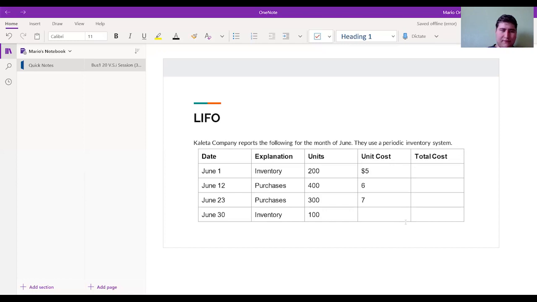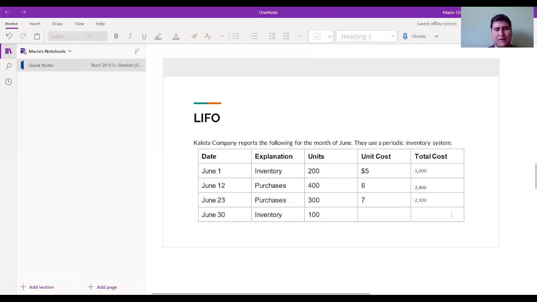So 1,000 for the first one. 2,400 for the second one. And 2,100 for the last one.